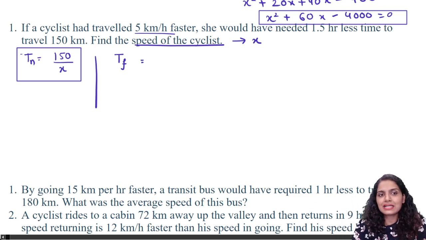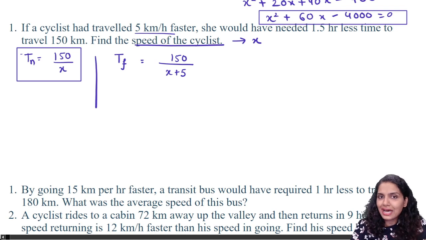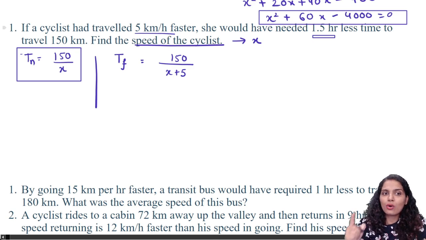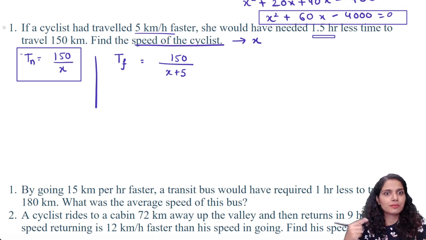Second case is, let's say the speed is 5 kilometers more, so it should be x plus 5, and the distance over here will remain the same, but what about the time? The difference in the time is 1.5 hour. Now, in which case do you think time will be more?